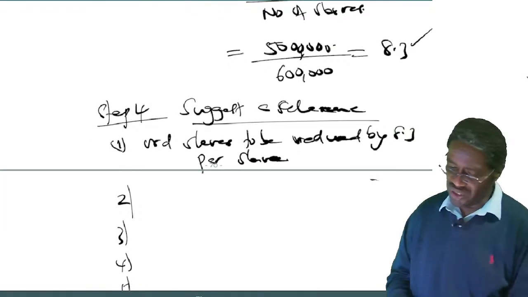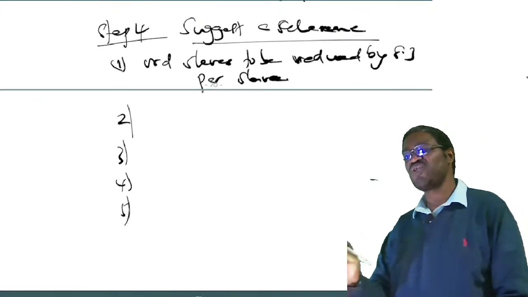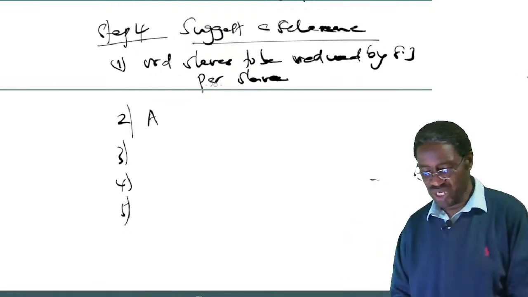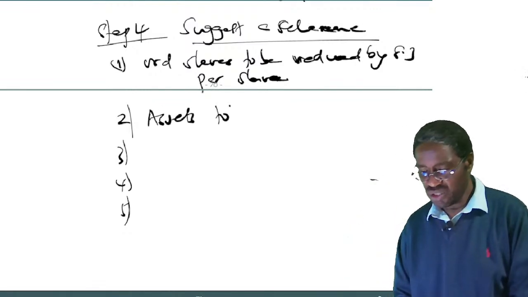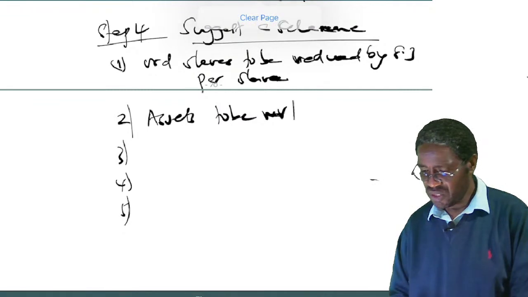So we come to the scheme and we suggest 1, ordinary shares to be reduced by 8.3 per share. 2, we can come and say assets to be revalued.